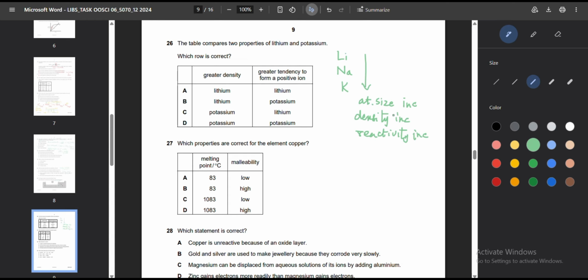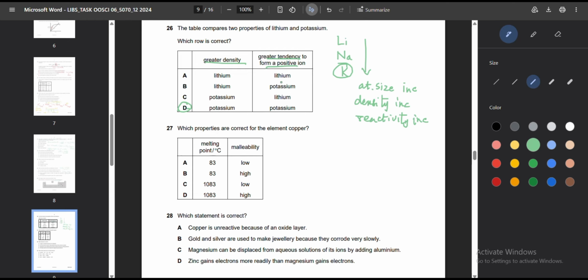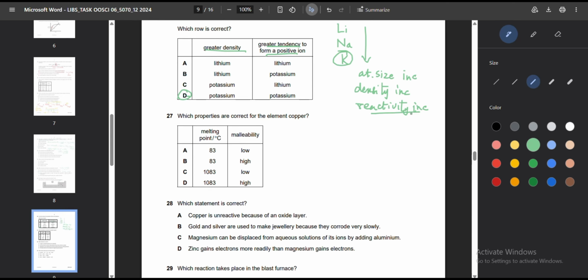Okay, so which option would be the correct one? Option D, that potassium will have greater density and as well as greater tendency to form positive ions. So if there is a greater tendency to form positive ions, the reactivity would be more.